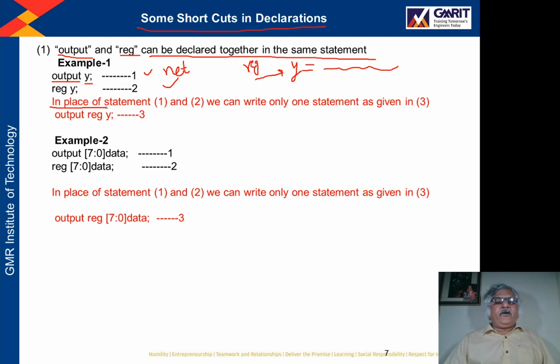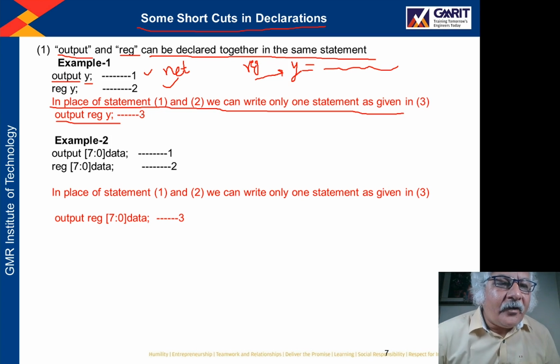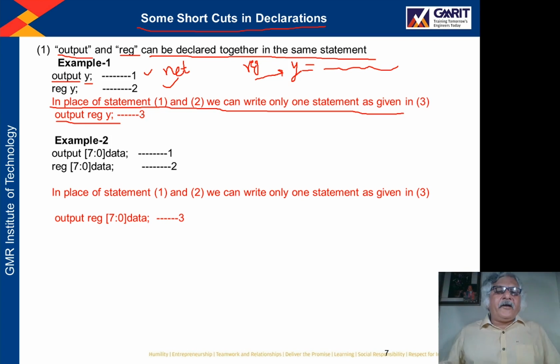Now in place of statement 1 and statement 2, we can write only one statement. We can write it this way: output reg y, right? Here y is declared as an output port and the type is reg. So instead of separately declaring it as output and then reg type, we can declare it in one statement, output reg y.